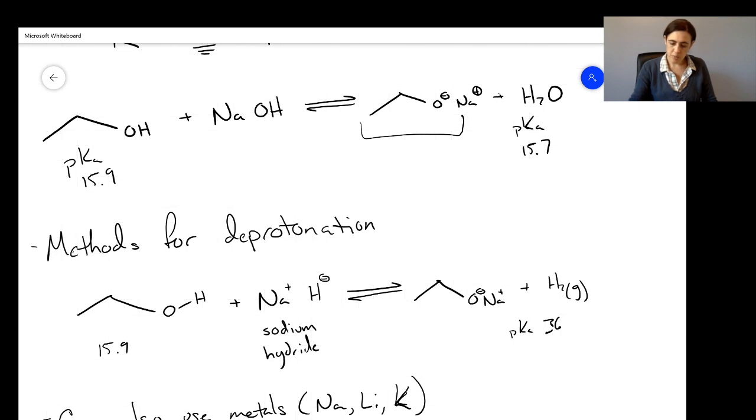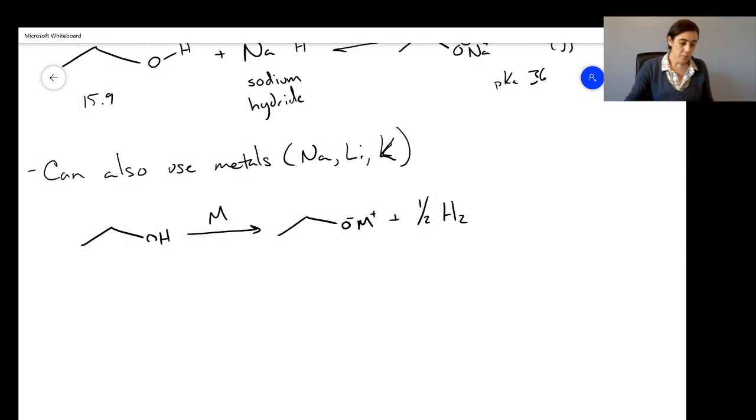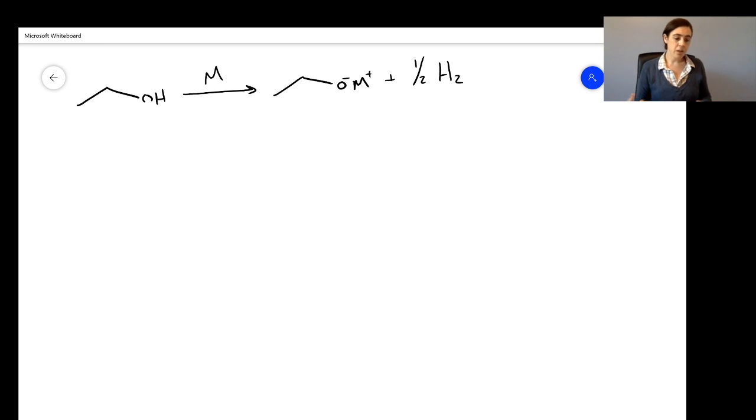So keep in mind that we've had to do this because the pKa of water is 15.7, whereas the pKa of ethanol is 15.9. So those are very close. However, we've talked about the fact that the pKa's of alcohols range from 15 to 20. So let's talk a little bit about pKa trends and the factors that influence pKa's of alcohols.